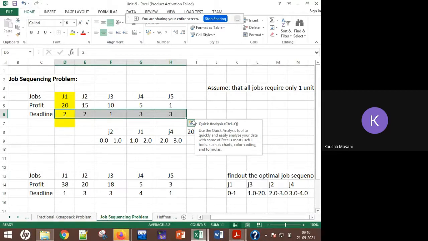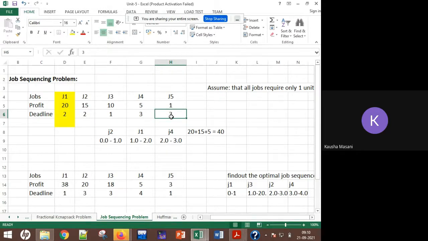That means the machine is going to run from unit 1 to unit 3, because that is the highest deadline I'm getting. If there was 4 here, then the machine would run for 4 units of time. Now I am going to divide those 3 units into 1 unit each: 0 to 1, 1 to 2, 2 to 3.